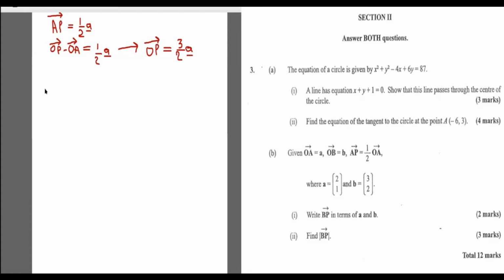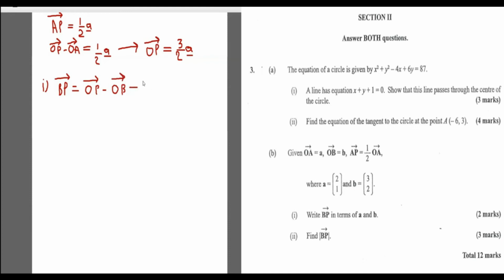So first it says, write what is vector BP. So let's write down vector BP. Vector BP, it's vector of the last minus the vector of the first. So vector BP is OP minus OB. But we already know what is OP. OP, as I said, is 3 over 2A.